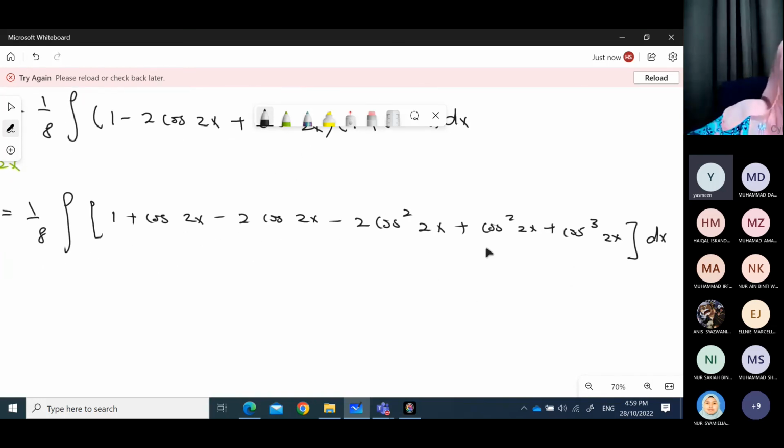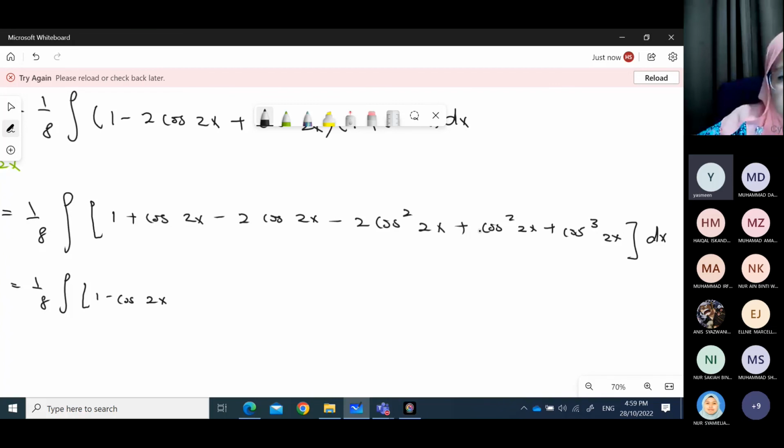Alright. Jom. 1 over 8 integral of 1 cosine 2x minus 2 cosine 2x. Benda dia sama, cosine 2x minus 2, you akan dapat negative cosine of 2x. Negative 2 cosine squared 2x plus cosine squared 2x.